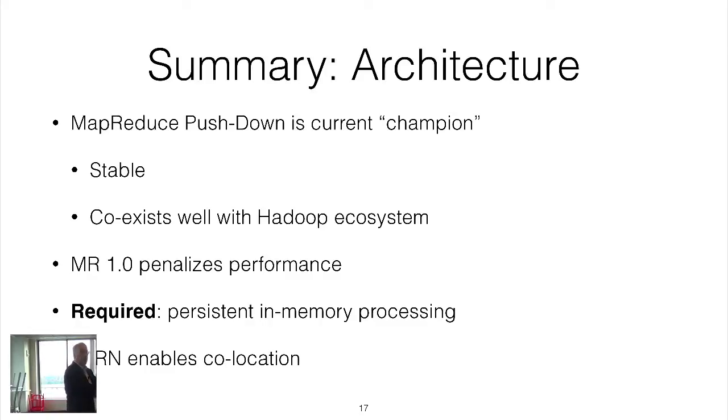You can build advanced analytics, and there are a number of products available that run in MapReduce. It's stable, and it coexists well with the rest of the Hadoop ecosystem. However, performance can be not only relatively slow, but in some cases slower than just running the application outside of Hadoop on a server. So you have a balancing act.